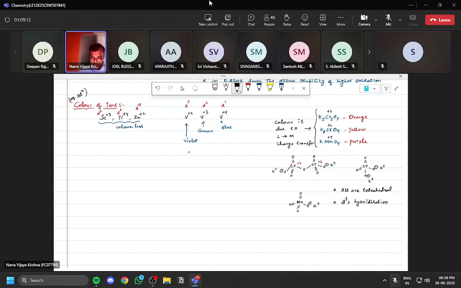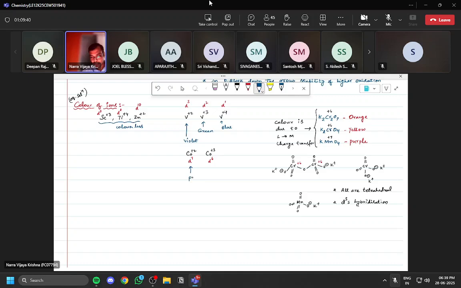Cobalt plus 2, cobalt plus 3. Iron, cobalt. Cobalt means D7. So can I write D7 here and D6 here? Correct? And color. Is this blue or pink?